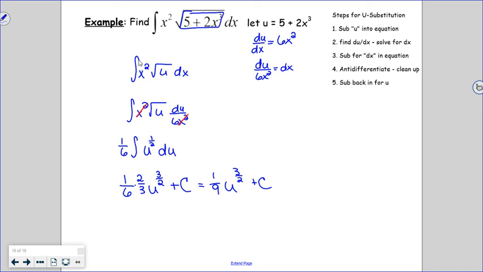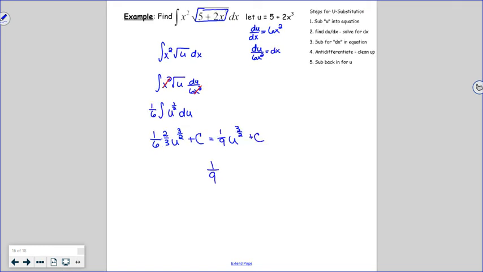Are we all okay with that? And then sub back in for u. U being 5 plus 2x cubed. Way easier way of thinking backwards through a chain rule, especially with that power function outside. Okay? Any questions on that?